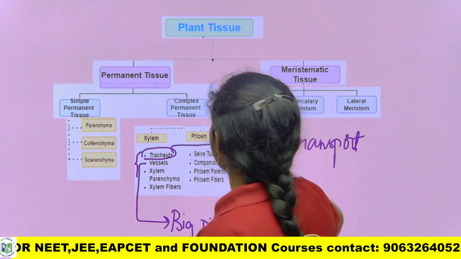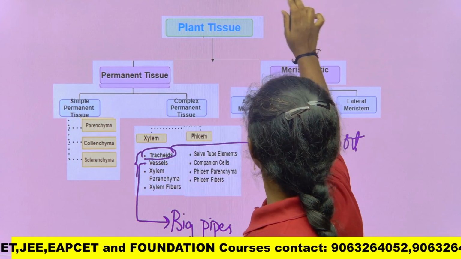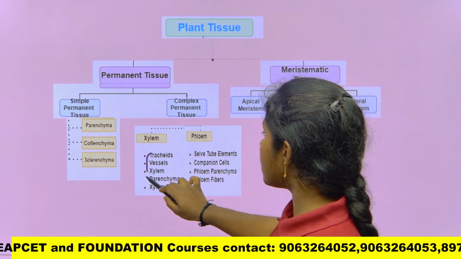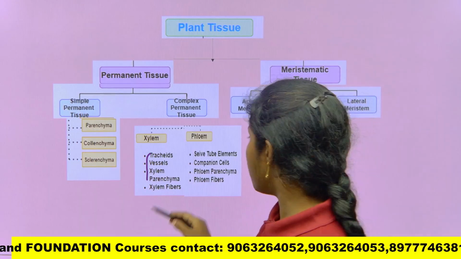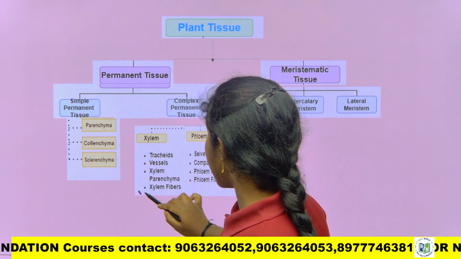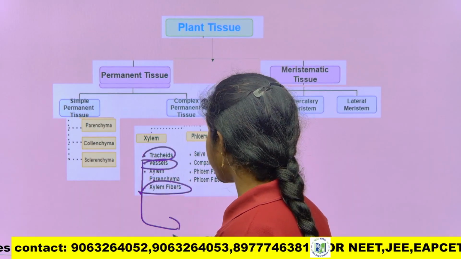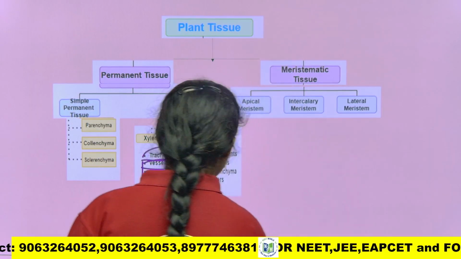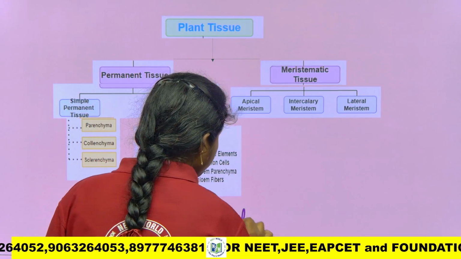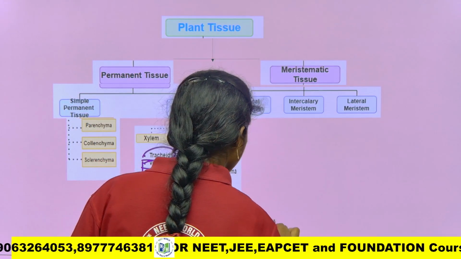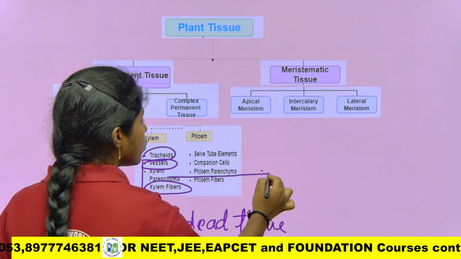Mostly xylem is, children, what? Dead tissue, because tracheids, vessels, xylem fibers are dead tissue. Only xylem parenchyma is the living tissue.